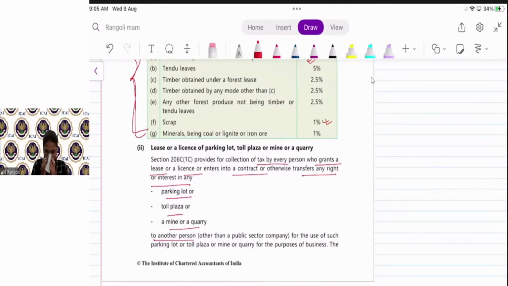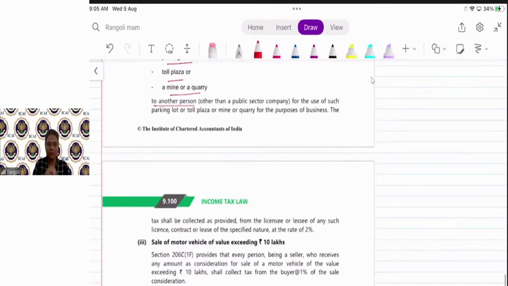Then the tax is required to be collected by the recipient from the payer of this lease payment at the rate of 2%.